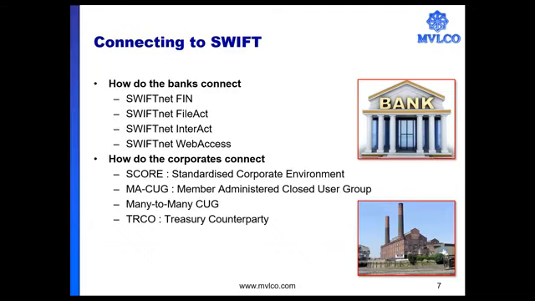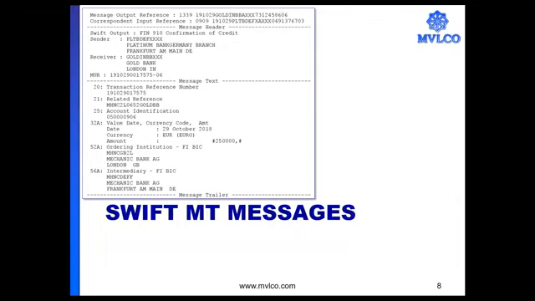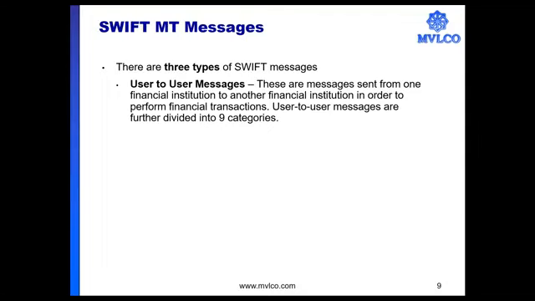Now that we have seen this kind of connectivity of corporates and banks, let's move forward to the actual SWIFT MT messages at a very broad level. When we speak about SWIFT messages, they are typically divided into 3 types. The first type is the user-to-user message.